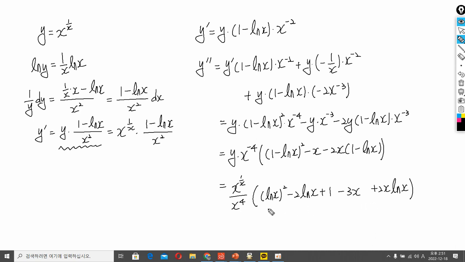So for the inflection points, this parenthesis should be 0. So let's see the values making the parenthesis 0.